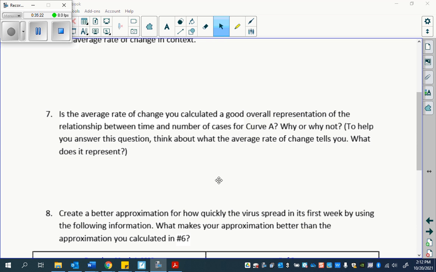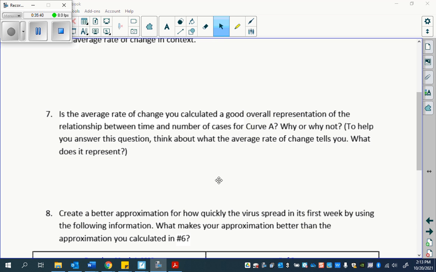So what we're curious about is, when you came up with that number of cases per day, do you think that when we went from March 1st to March 2nd, we had that many cases? Do you think that when we went from March 15th to March 16th, we had that many cases?